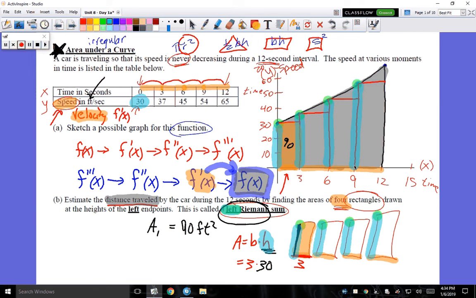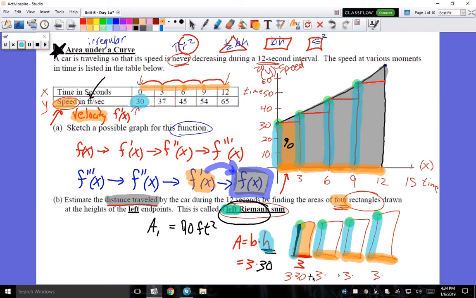Again, let me remind you, each of these bases shows a width of 3, so that's not going to change. Let's go ahead and write this out. The first one was 3 times 30. The second one will be 3 times something, 3 times something, and 3 times something. These all have a base of 3, so I can write them all out just like that.